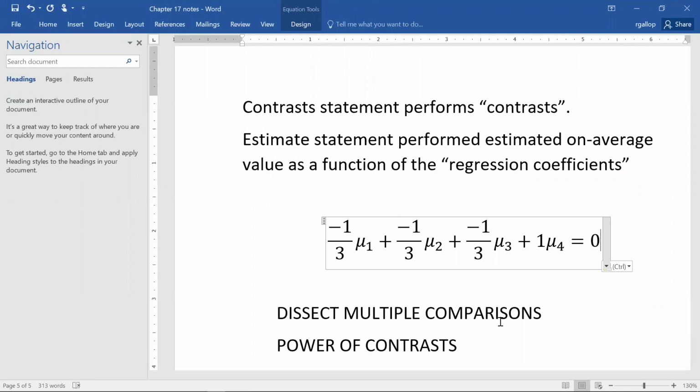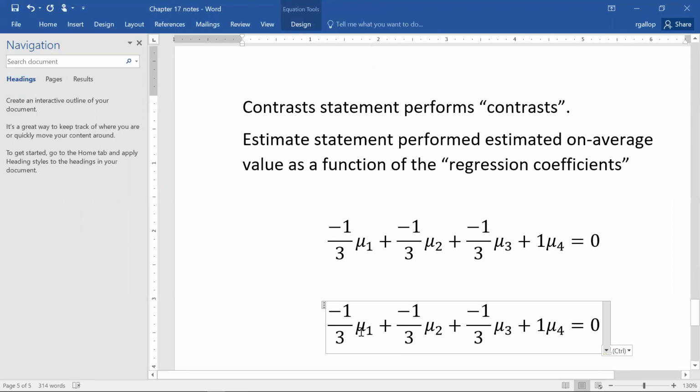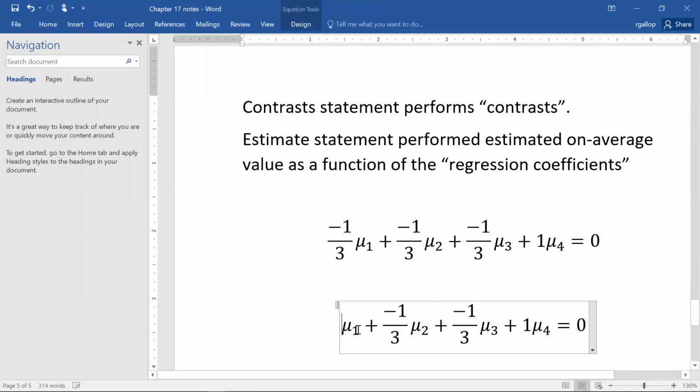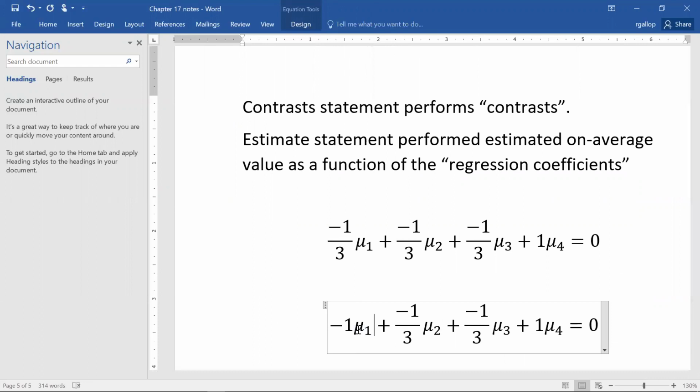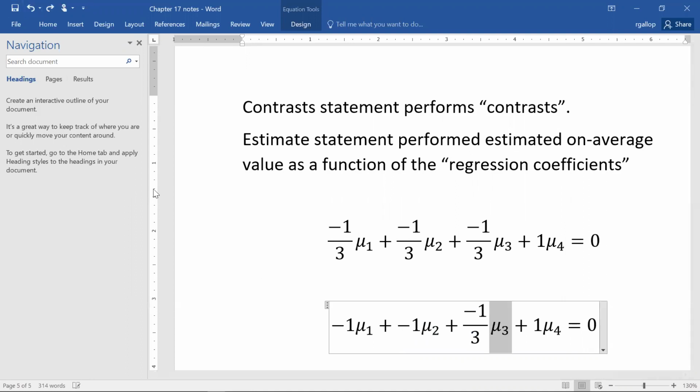For this contrast, that statement is mathematically equivalent to that, by multiplying both sides of the equation by 3.